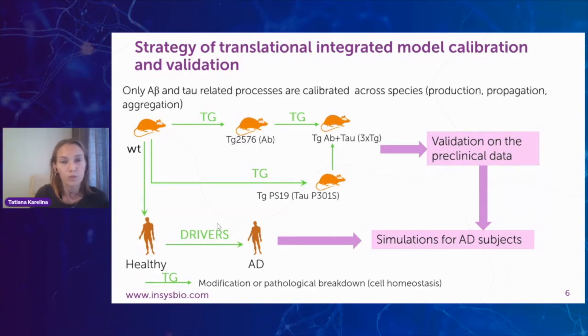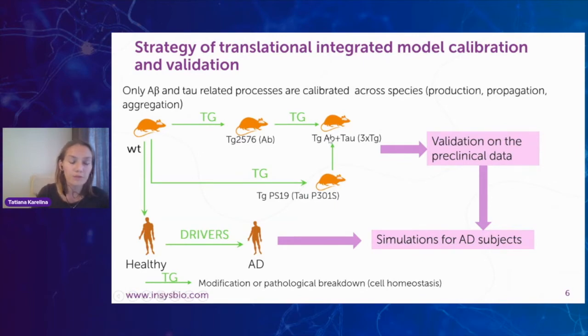For example, it could be mutation or overexpression that could lead to increased production of A-beta or tau or increased aggregation rate. So we were able to describe A-beta mutations in the mouse, tau mutations, or 3X transgenic mouse, which carries both types of mutation.